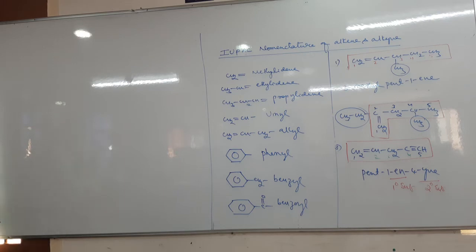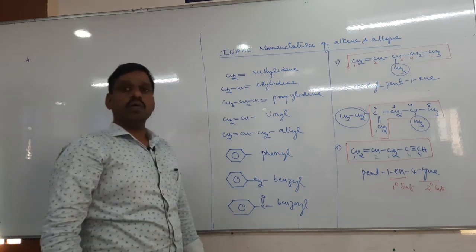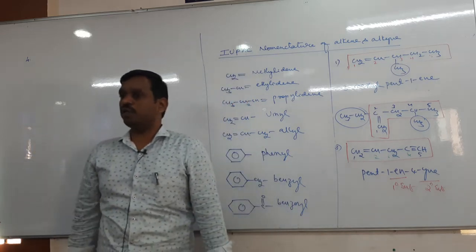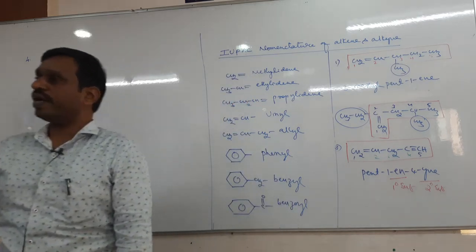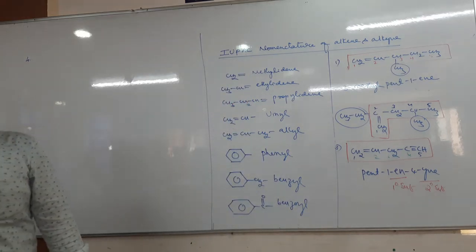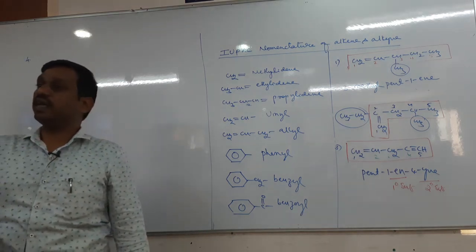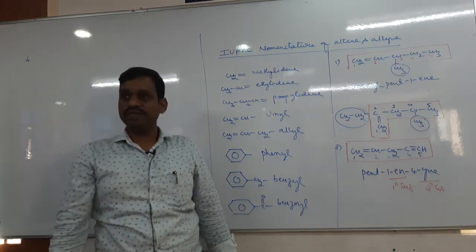Okay, next rule is, if the parent chain contains two or more double bonds or two or more triple bonds, then the letter A should be added to the parent chain.